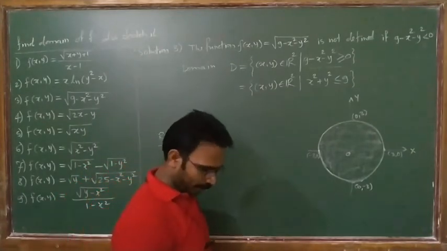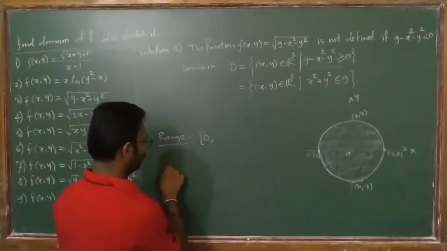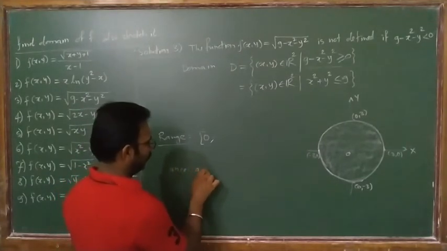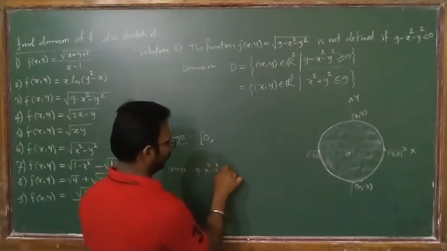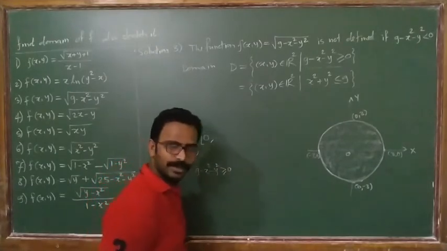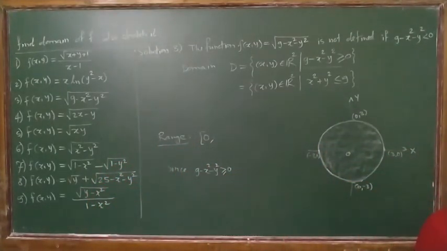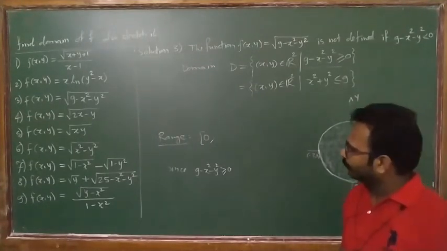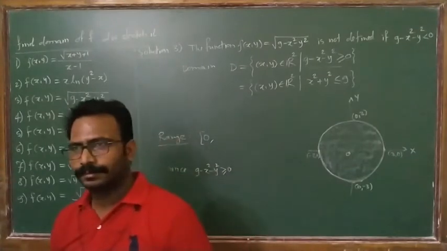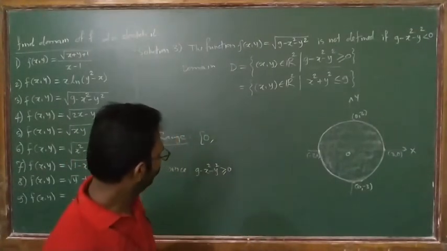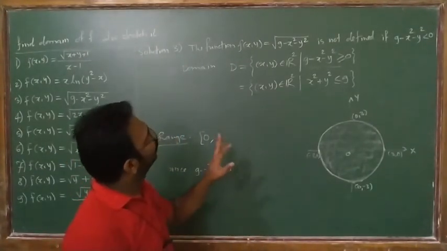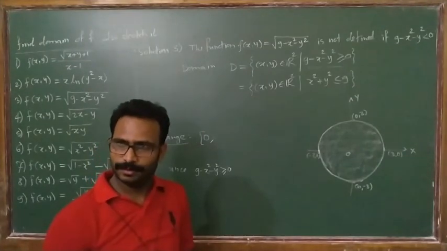So the least value will be 0. Why? Since 9 minus x square minus y square should be greater or equal to 0, the least value should be 0. Right? If this quantity equals 0, the output will be 0.